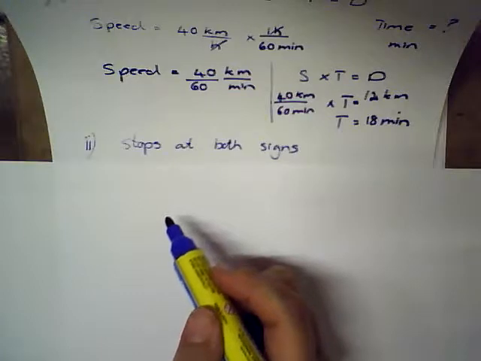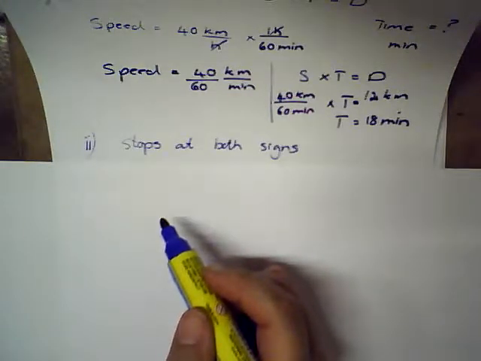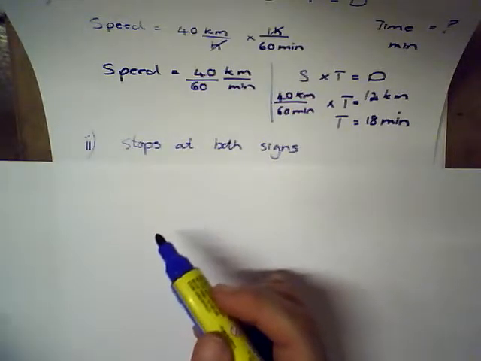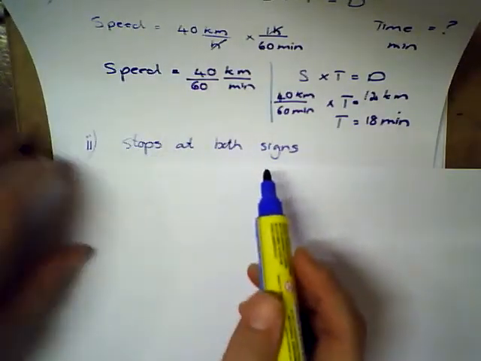Number 2 says, when Damien has to stop at a signal, it adds 3 minutes to his journey time. Calculate his average speed in kilometers per hour if he stops at both road signals. So he stops at both road signals.